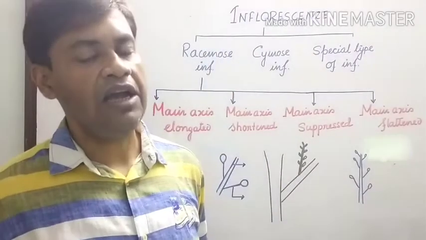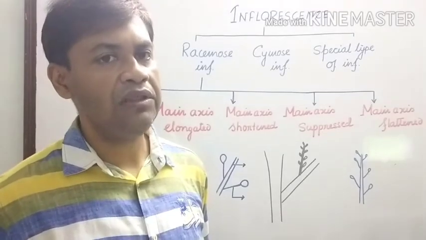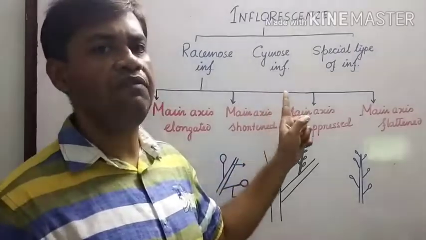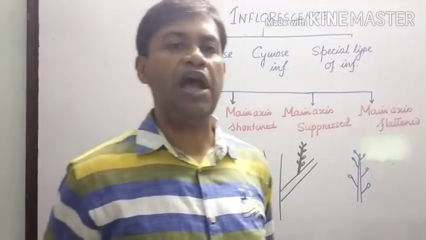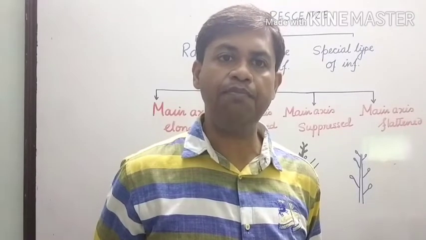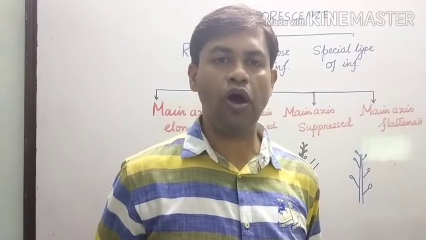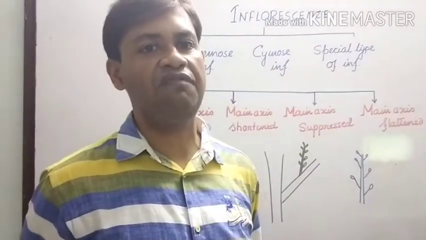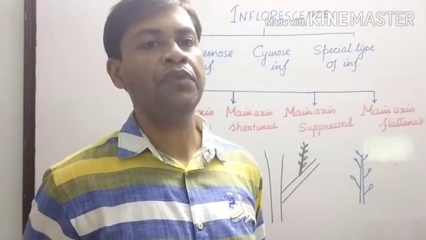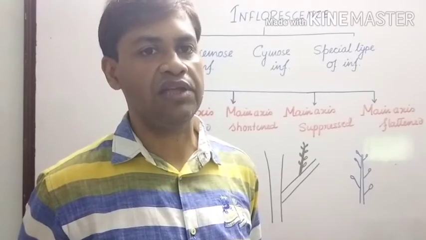The inflorescence has been divided into three different types. These are the racemose inflorescence, cymose inflorescence, and the special type of inflorescence. Racemose inflorescence is that type where the growing point never gets stopped by the production of a flower, rather continuously goes on elongating by giving rise to the lateral flowers in the acropetal succession.